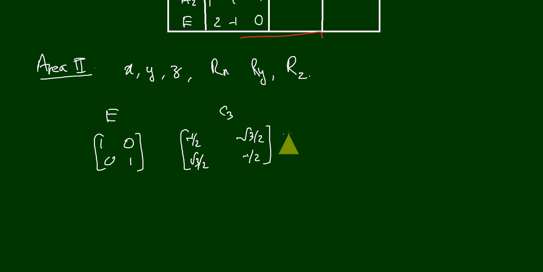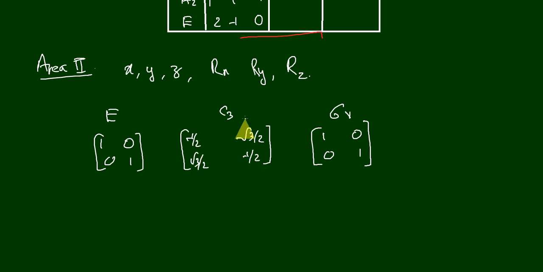This is the matrix corresponding to C3. And corresponding to sigma v, we have 1 0 0 -1. Actually this corresponds to sigma v xz. Okay, so we don't need to mention the other matrices for C3 square, sigma v double dash and sigma v triple dash in this case, because we already know that the characters will be the same.